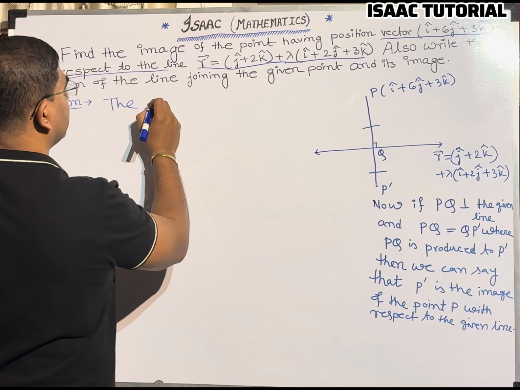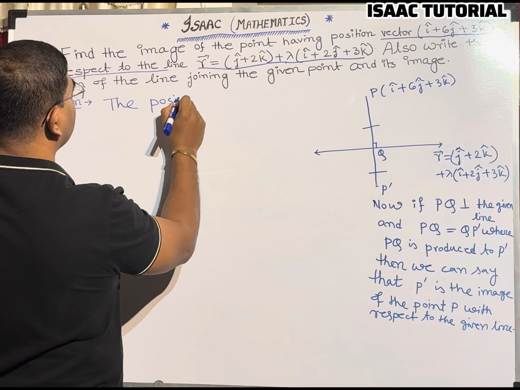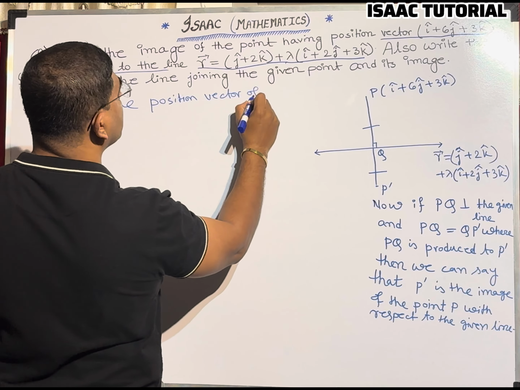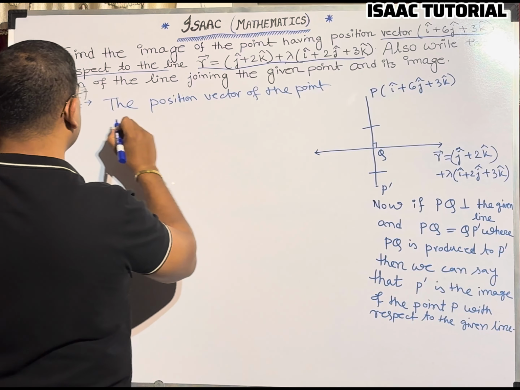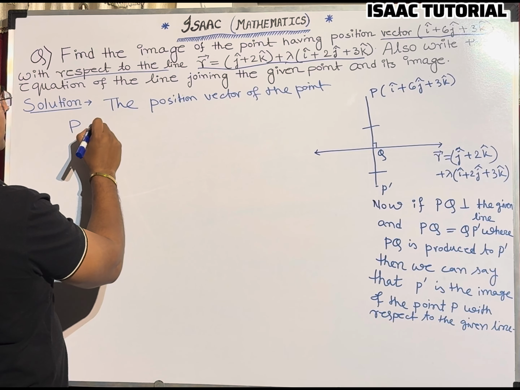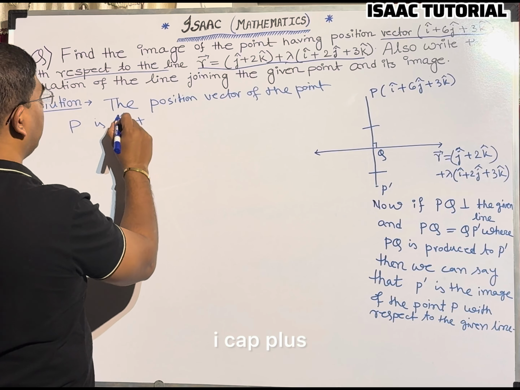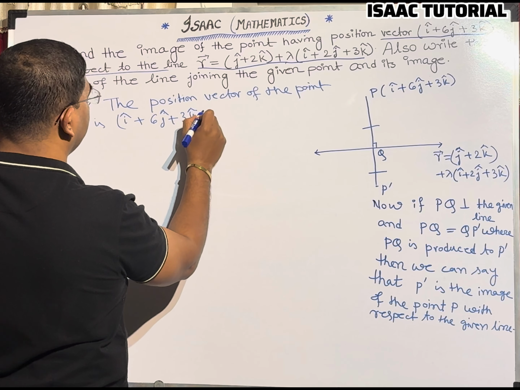The position vector of the point P is i cap plus 6j cap plus 3k cap.